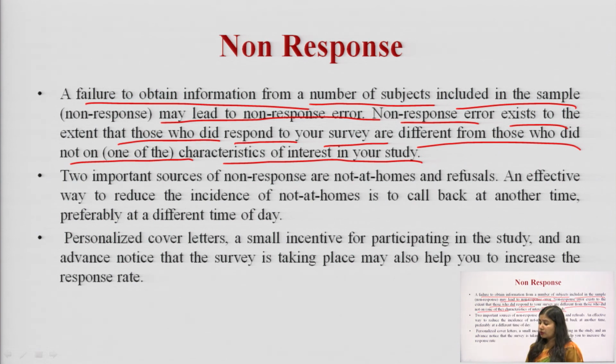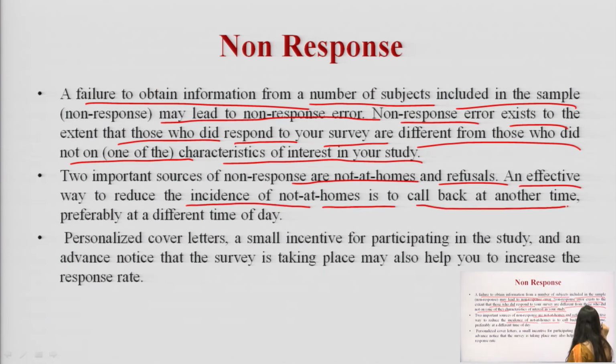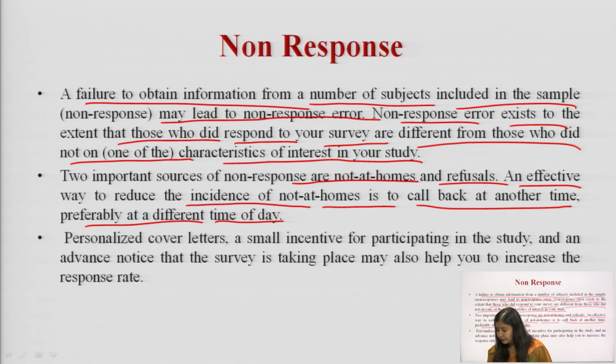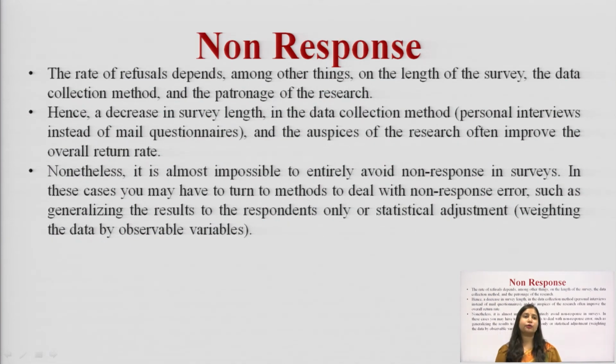Two important sources of non-response are not-at-home or refusal, meaning they are not present at the time of data collection, or they refuse to answer. An effective way to reduce the incidence of not-at-home is to call back another time, preferably at a different time of the day. If the respondent is not present, you should contact them again and collect the data again.